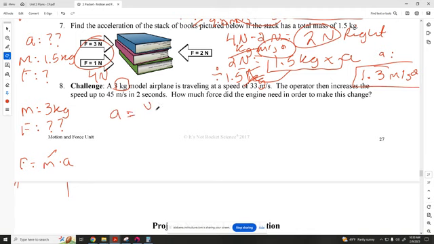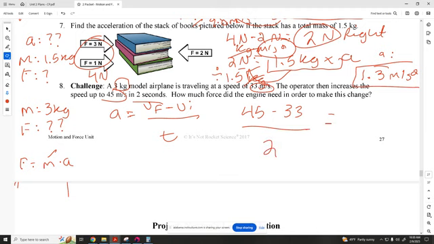Acceleration is equal to final velocity minus initial velocity over time. So initial velocity is 33, final velocity 45. So 45 minus 33 all over time, which was 2 seconds. 45 minus 33 gives me 12 divided by 2, which is 6.